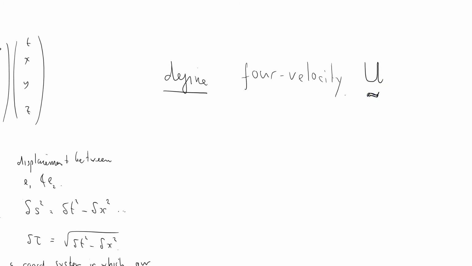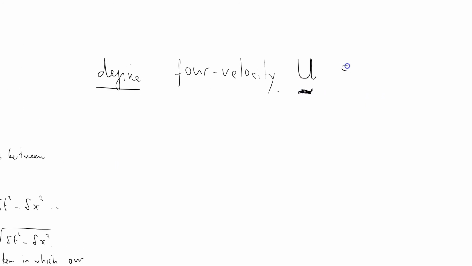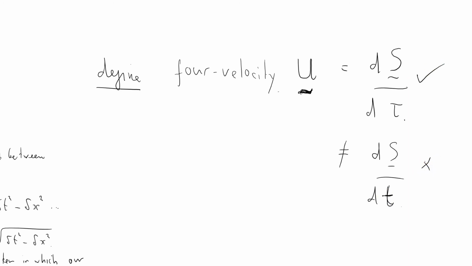For vectors in general, I'm going to write uppercase letters with a sort of swung dash underneath them. U equals ds, which is the four-displacement, with respect to d tau. I can't say that it's equal to ds by dt because it could be time as measured by any different observer. Different observers would disagree about what this coordinate here is. So that's the one I'm going to use, and I'm not going to use that. And that's called a four-velocity.